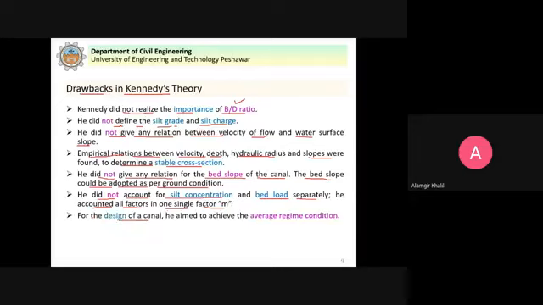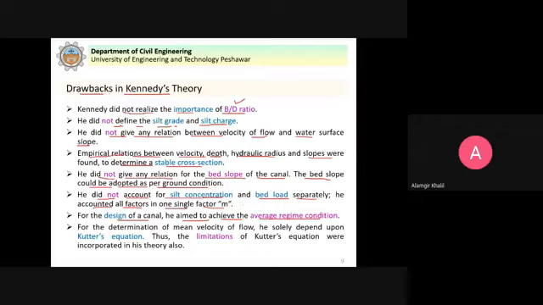For the design of a canal, he aimed to achieve the average regime condition. For the determination of mean velocity of flow, he solely depended upon Kutter's equation. Thus, the limitations of Kutter's equation were incorporated in his theory also. So, these are the drawbacks in Kennedy's theory.